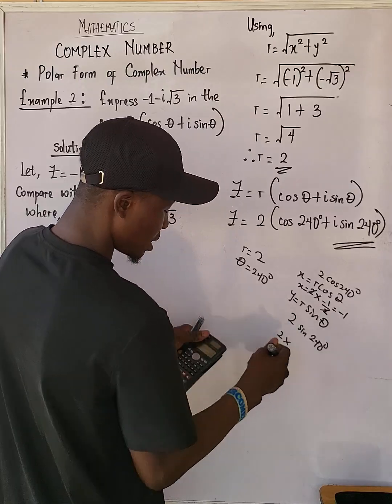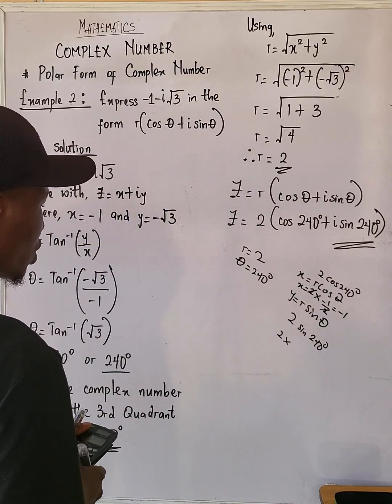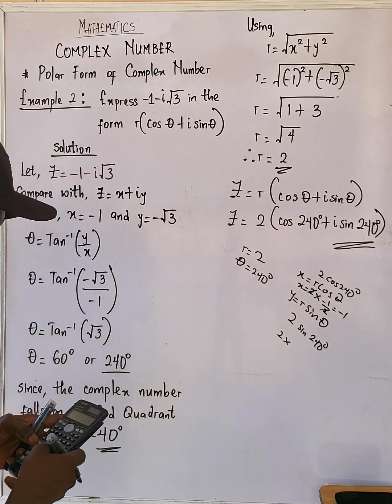Then here will be 2 times sin 240. So what will sin 240 give us?